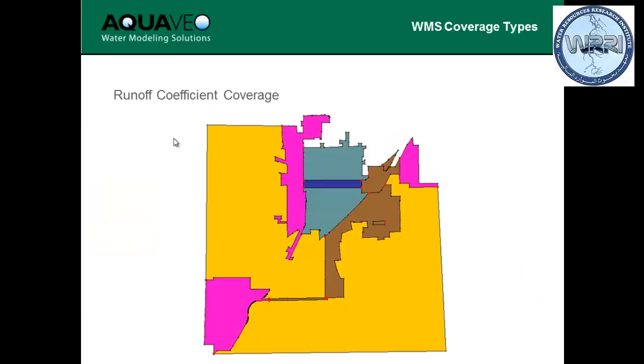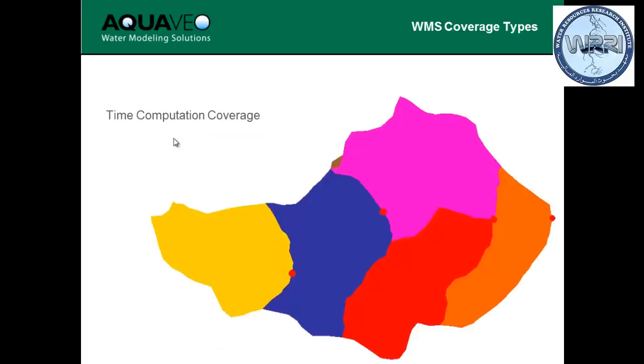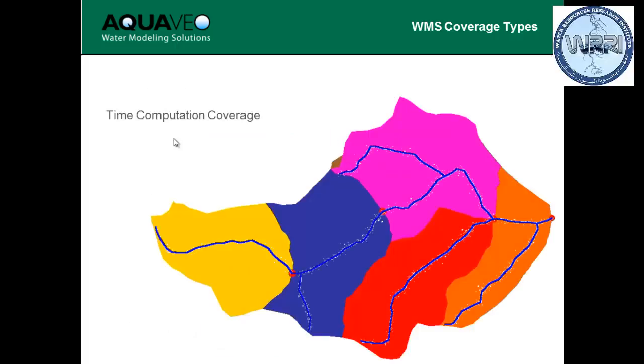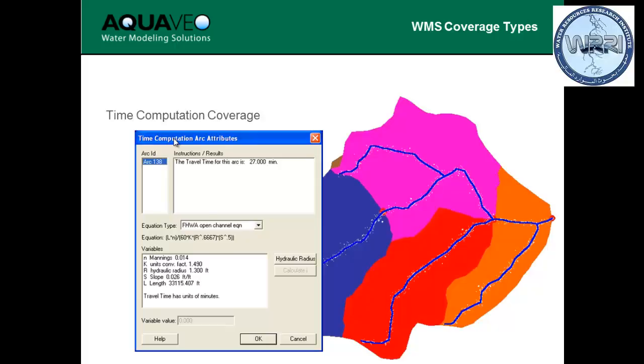A runoff coefficient coverage, this is used in the rational method, and in that coverage you define a rational runoff coefficient for different polygons. A time computation coverage, which has arcs that have formulas assigned to each arc, used to compute the time of concentration.